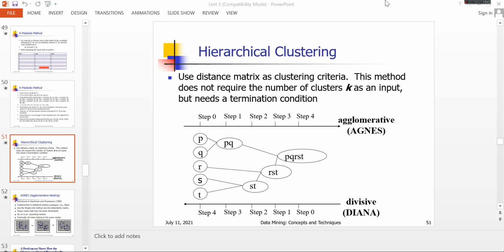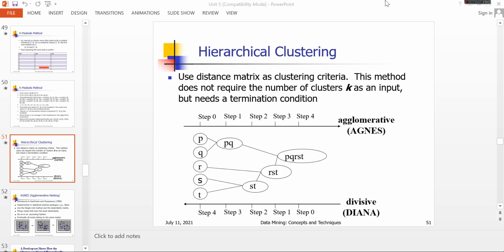Like this, in the agglomerative method, from lower level to higher level, the different objects are combined step by step, level by level. The 5 individual elements are combined step by step, and finally you get PQRST as the cluster.